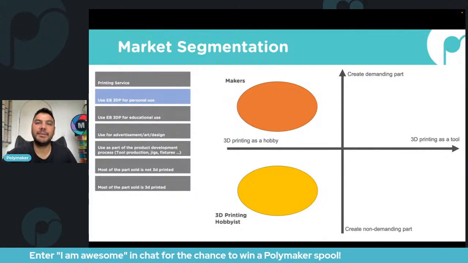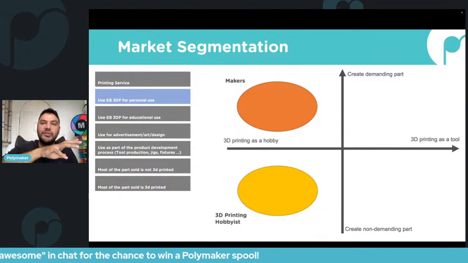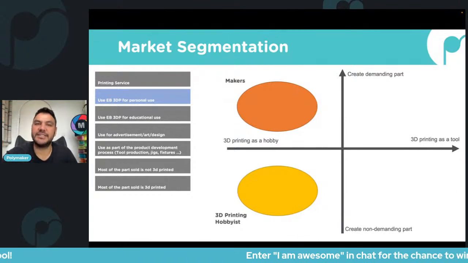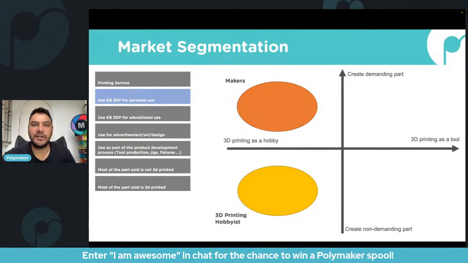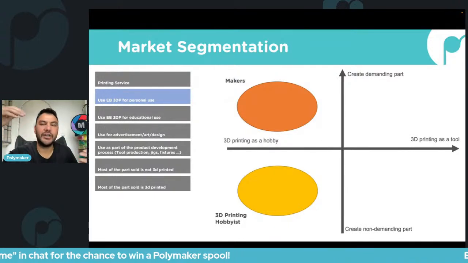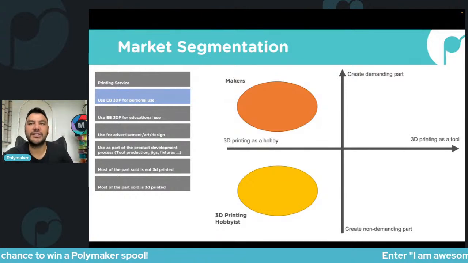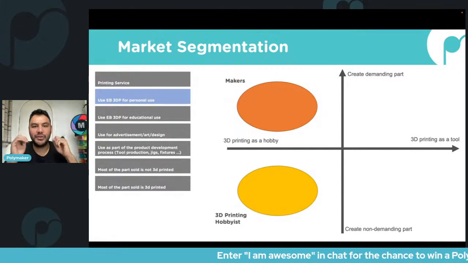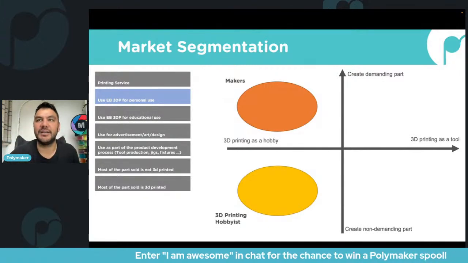I think they're makers from the personal use point of view, because they will find any opportunity to use their printers to make functional things, whether it's to make another printer or to make a car, for example, a Death Racer or Dragster. They will use any opportunity to use their printer to make something demanding.